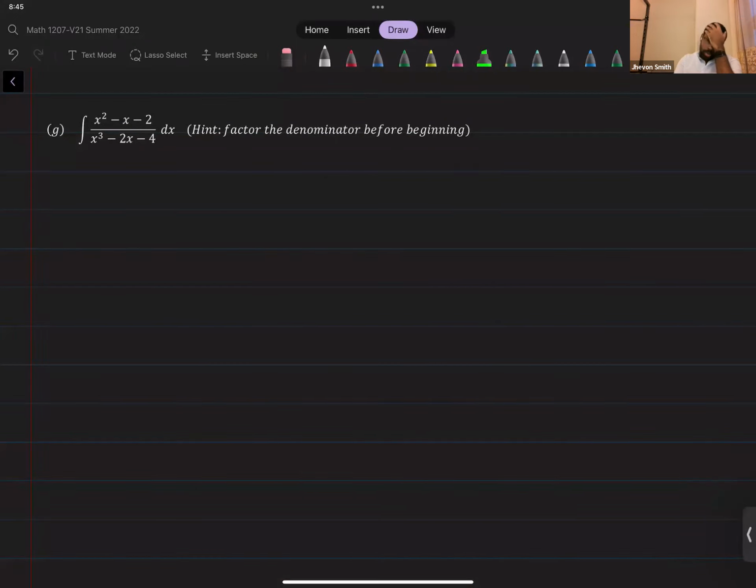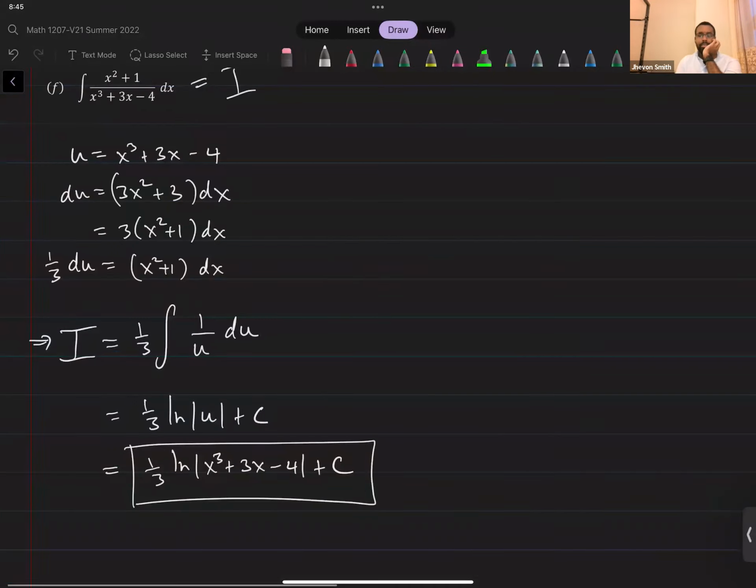So in this case, it's going to be something where we actually can factor the denominator. And I wouldn't even think in that direction, except I first thought substitution and it didn't work out like the last time.